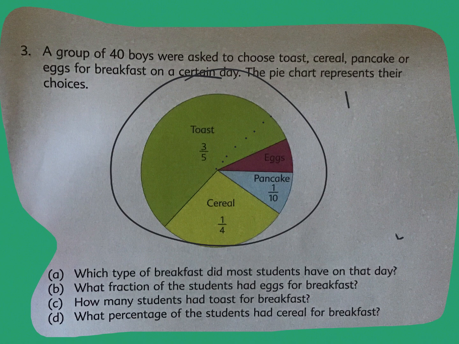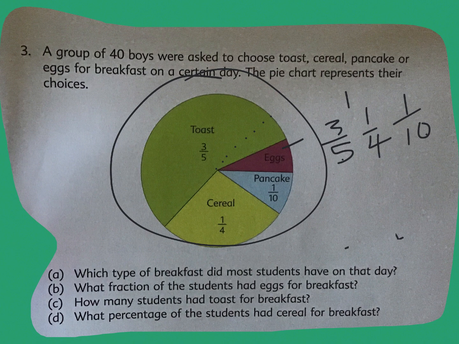What fraction of the students had eggs for breakfast? So what we're going to need to do is make sure that we change all of these denominators so that we can figure out what fraction had eggs. So if we have 3/5, 1/4, and 1/10, what number can we change the denominator to that they all go into?